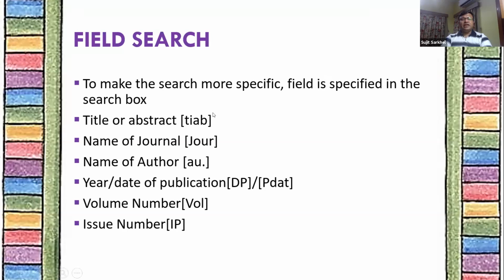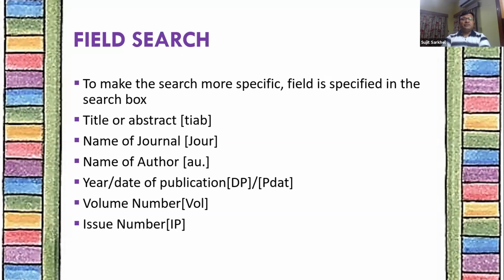In that case, you'll have to put major depressive disorder and then put TIAB, that is title and abstract, within square brackets. So PubMed will only search for this term in titles and abstracts. The basic idea is if the phrase is occurring within either title or abstract, then it is probably something which deals specifically with the disorder. So it will make the search more specific and the number of articles that will come will be less than the previous ones.